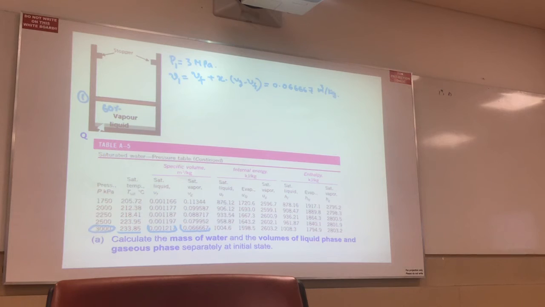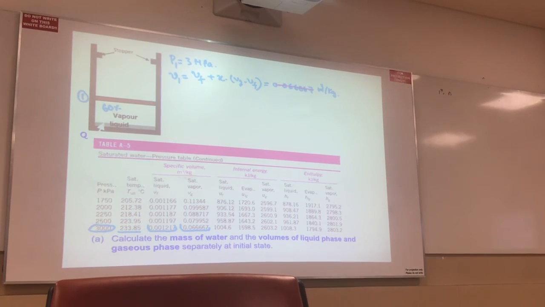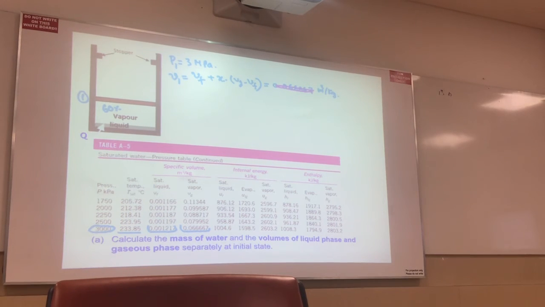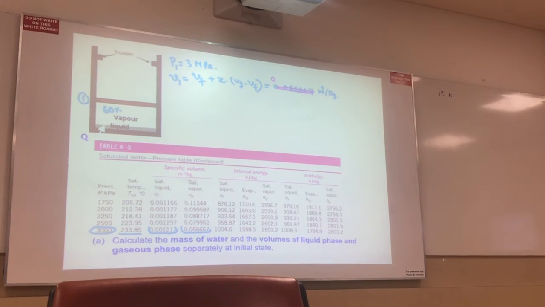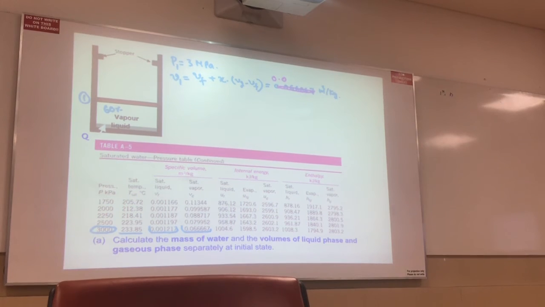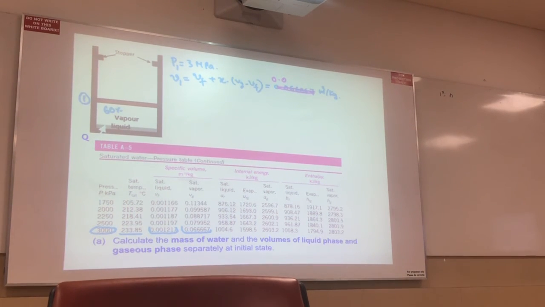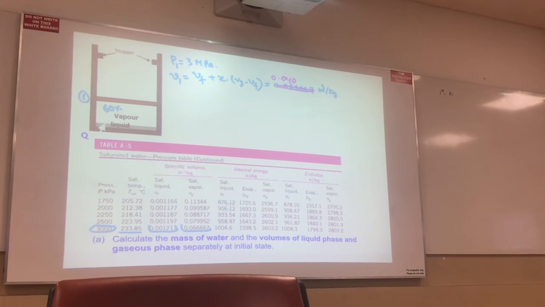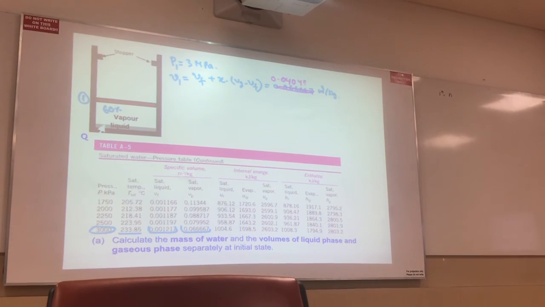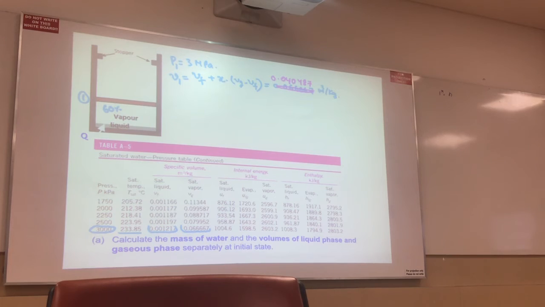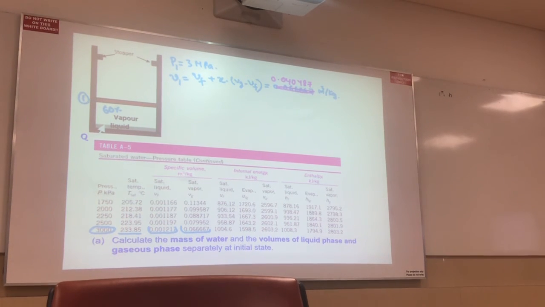I'm wrong, sorry, this is not the answer. Okay, the answer is 0.040487. This is the answer. I give you the answer, okay? And Vf and Vg you should do by yourself.